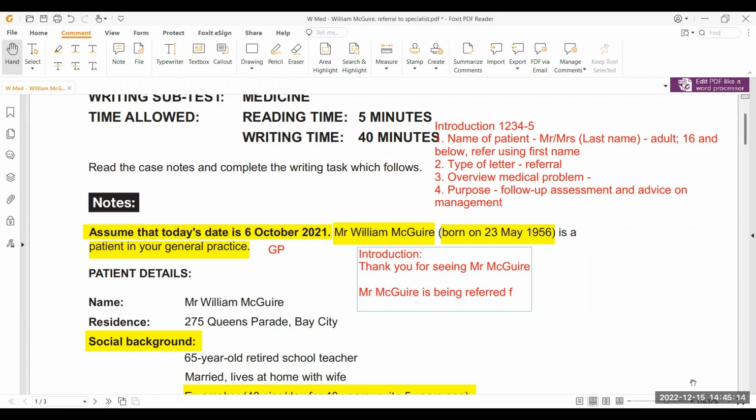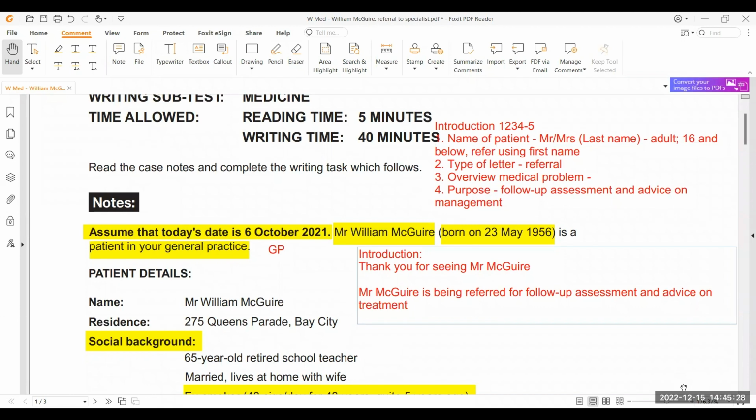Is being referred for follow-up assessment and advice on treatment, for his decreased respiratory function with significantly diminished activities of daily living.